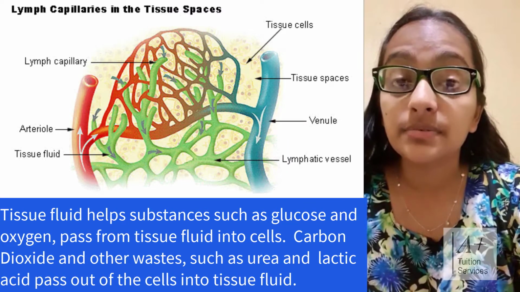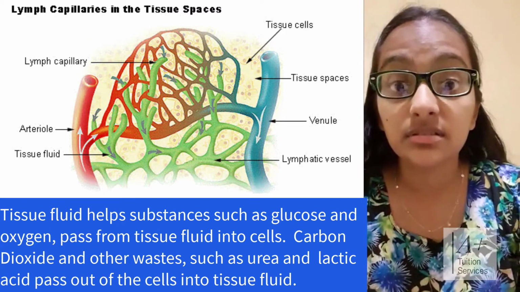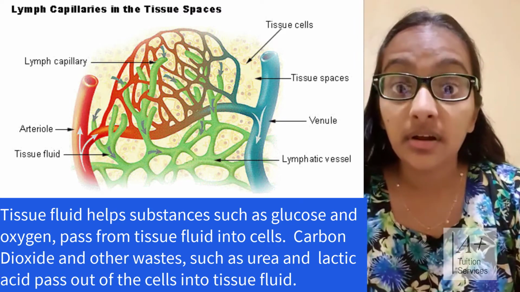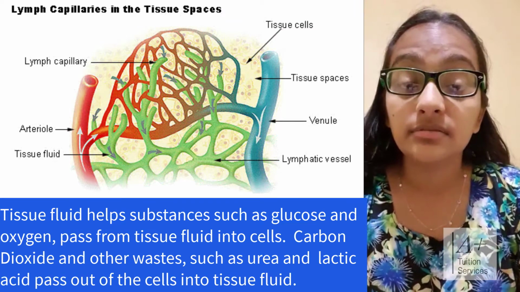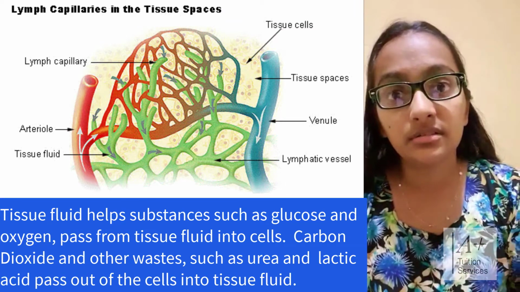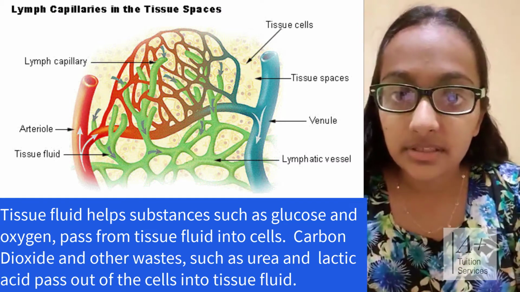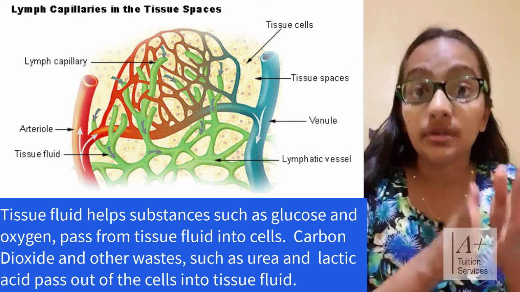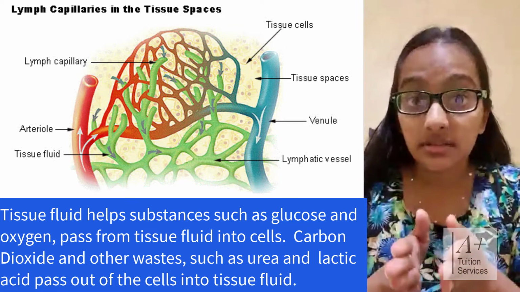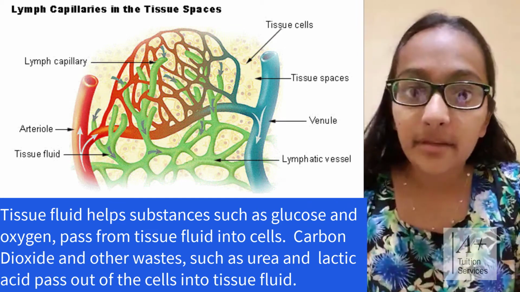Tissue fluid helps substances such as glucose and oxygen pass into the cell. So it's like a transition zone for glucose and oxygen: you move from the blood vessel to the tissue fluid to the cell.